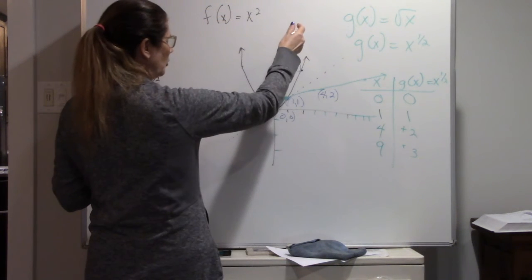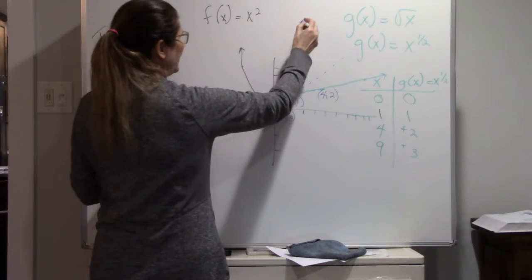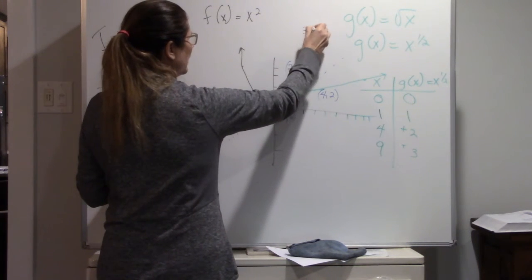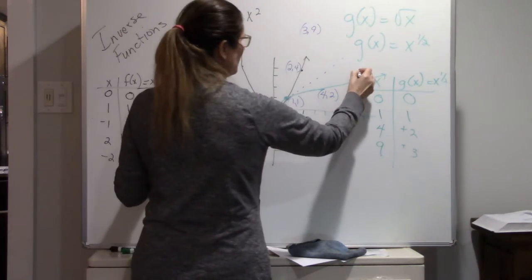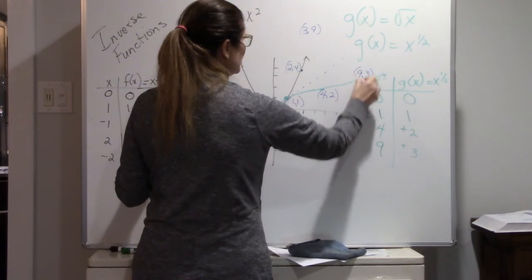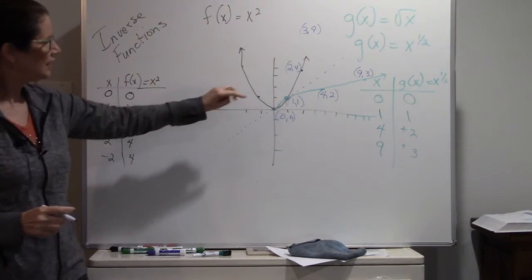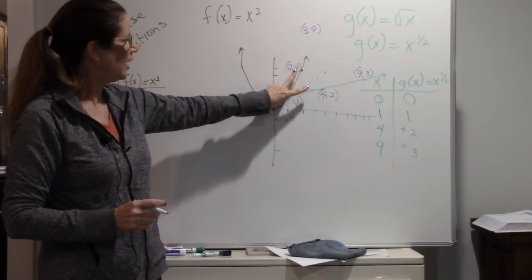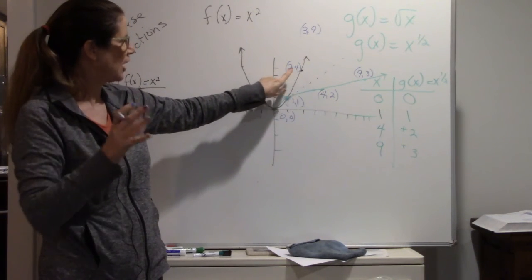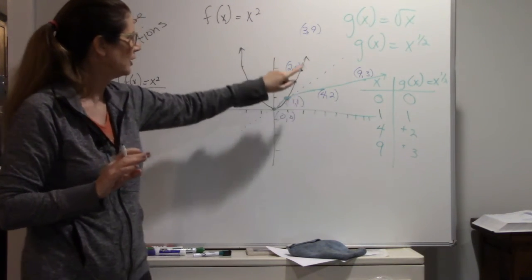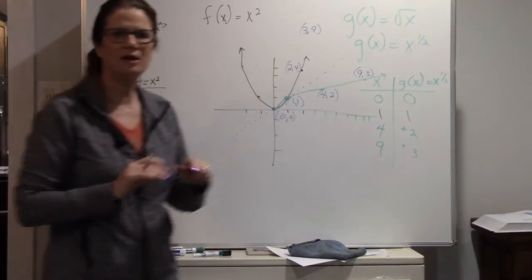If I were to keep going on my x squared, I'd have a point at 3, 9, which, if you remember, this one was 9, 3. So what you're seeing is my x's and my y's flip-flop. It's 2, 4 here, it's 4, 2 here. It's 3, 9 here, it's 9, 3 here.